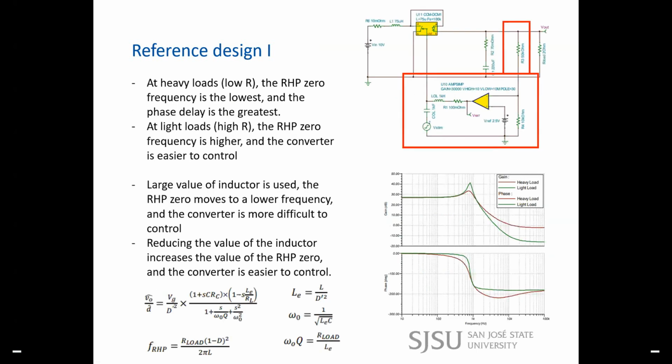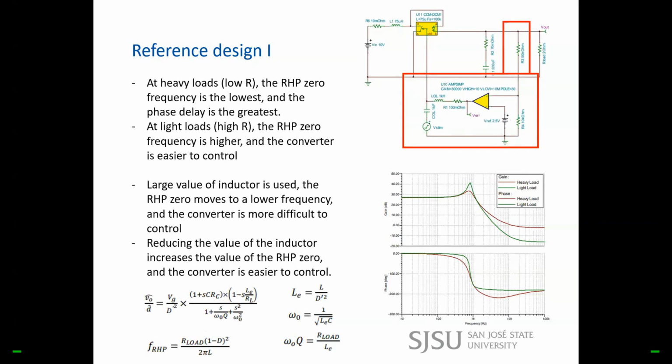Next, I'm going to talk about what's out there in the design. This is a Texas Instruments design from one of their application notes. Here they are using an OTA in the boost converter design.